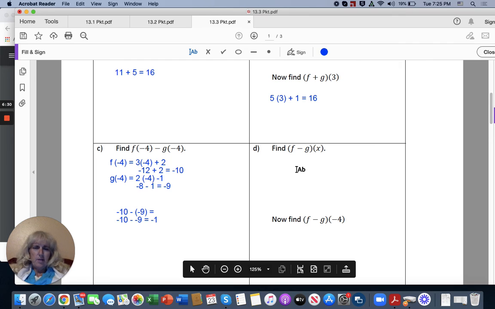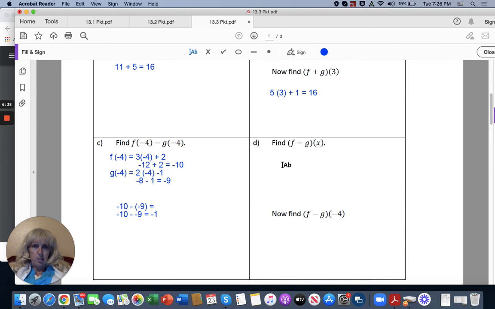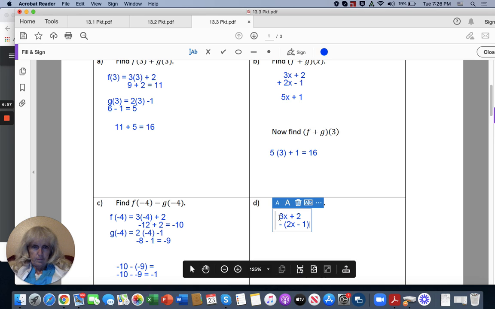Okay. Now it says find f minus g of x. Okay. So if I go ahead and list those two, 3x plus 2, and I'm going to subtract, and I better put it in parentheses, 2x minus 1. And you want to line up similar ones.